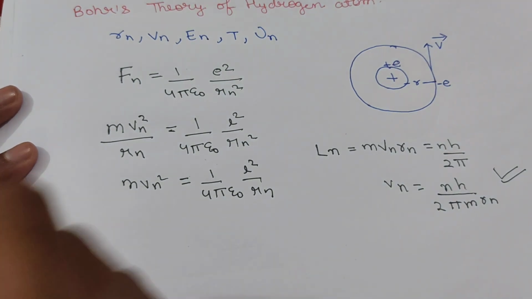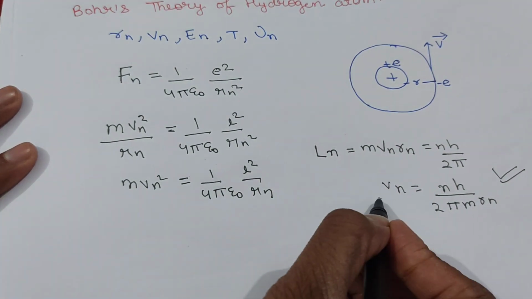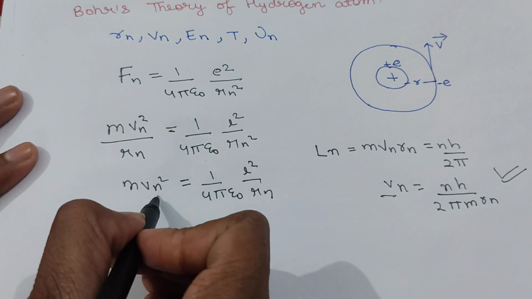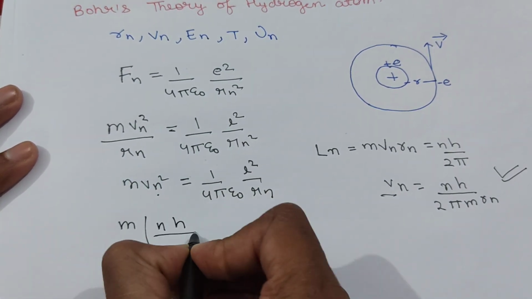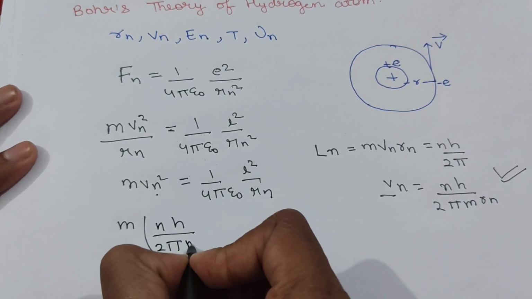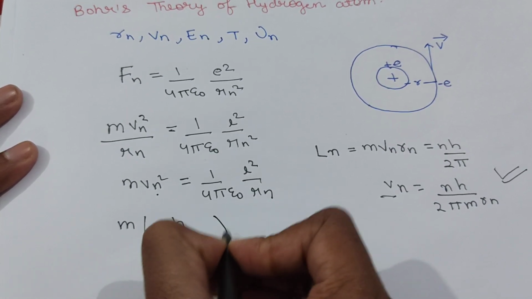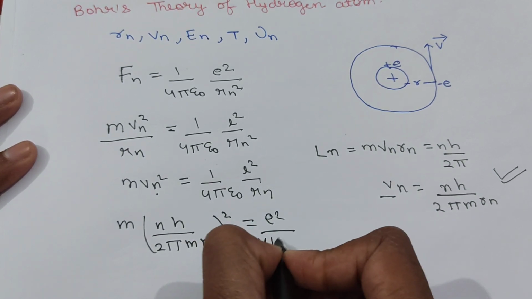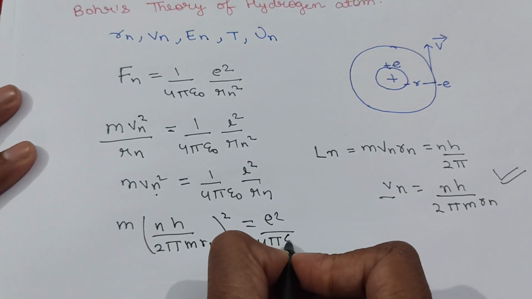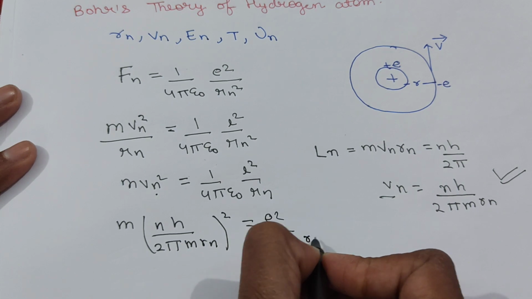And how will we find the rn? Put the vn value here in vn square, so we'll get nh by 2 pi m rn, whole square, equal to e square by 4 pi epsilon naught by Rn.